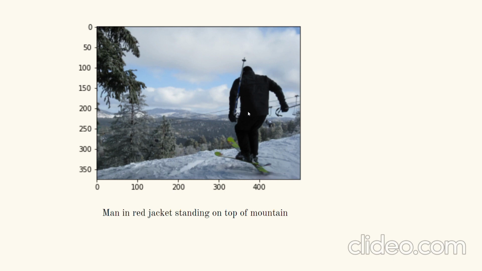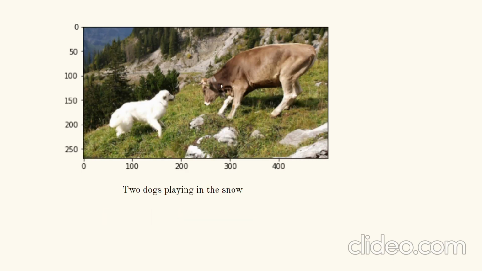So we can say that the model performed decently on this image. In the next image, we can see that "2 dogs are playing in the snow," although there is only 1 dog and there is 1 cow in the grass. So it might have misunderstood the dog as snow because of its white color, and there might not have been many cows present in our data set, so it is not able to identify it as a cow.